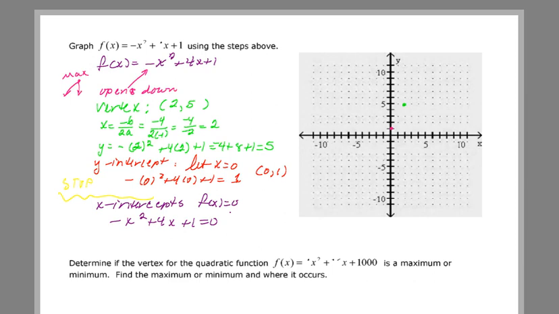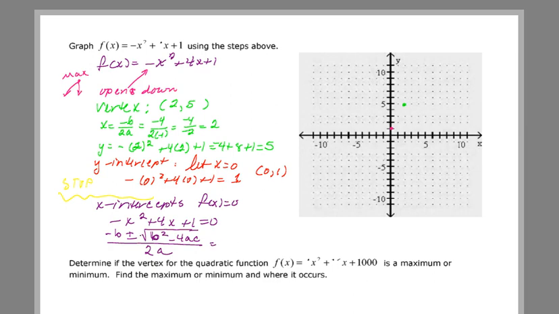Remember, that's always your safety net. If you have a quadratic that doesn't factor, you have to use the quadratic formula. So let's recall that: -b plus or minus the square root of b² - 4ac, all divided by 2 times a. That's what we'll have to use to find the x-intercepts.